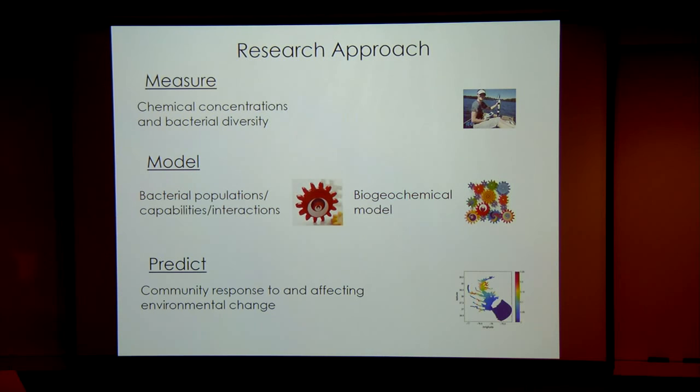And so I'm going to talk about my research approach, which begins with going out into the environment, taking samples and measuring both the microbial community and the chemical environment that they're found in, and then trying to get that data into a framework so that we can understand some of the factors that control where and when these organisms are found, and how that impacts those biogeochemical processes that we're interested in, like arsenic mobilization or methane production.